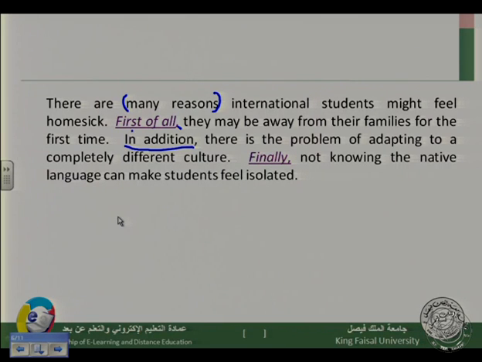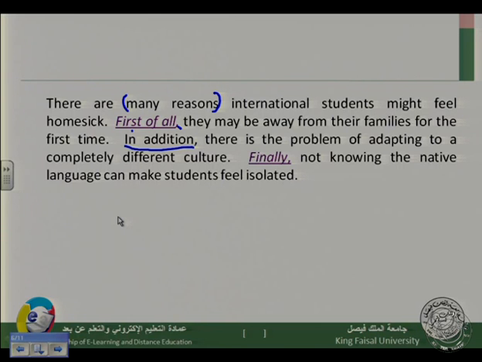Here you said first of all, and instead of saying second of all, you said in addition. In addition to what? In addition to the point just mentioned. You mentioned here in first of all. So you said in addition, which is also a connecting word, because you connected the first idea and the second idea.